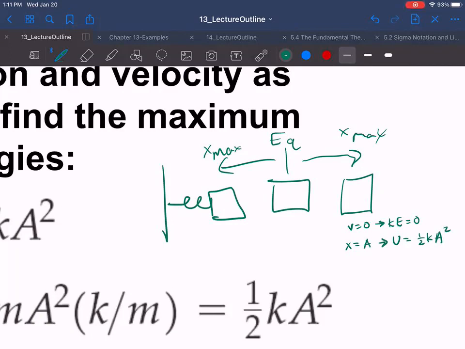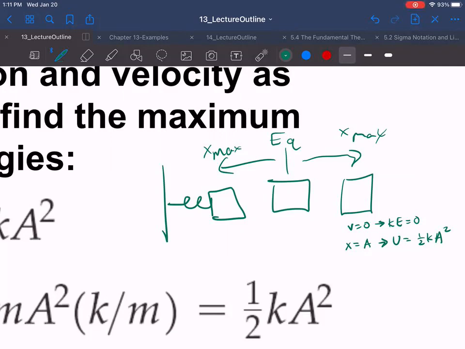Where would this be going the fastest? In the middle. Because if you're at the middle, you have zero displacement, you have no forces pushing on it and stopping it. So let's say you stretch it out to the right, and you let it go. It speeds up towards equilibrium, and then it hits equilibrium where the force becomes zero. And then as soon as it passes equilibrium, the force reverses direction and starts to slow it down.